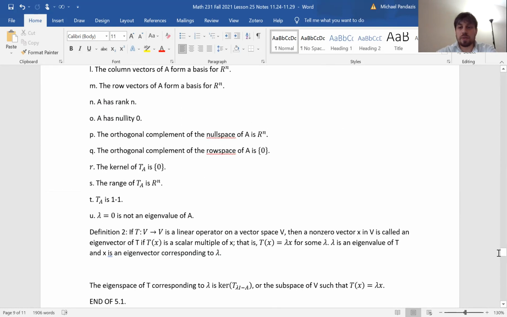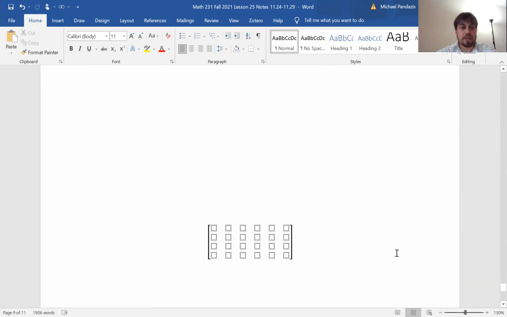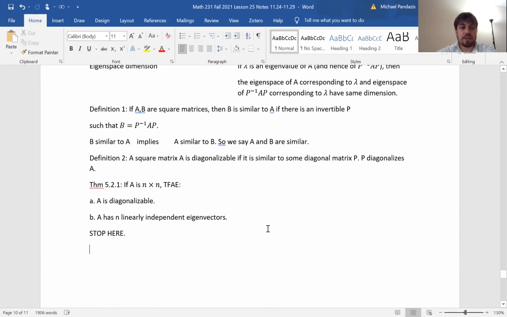The homework for after Thanksgiving does not have any chapter 5 in it. The homework is the same as I wrote down at the end of lesson 24.